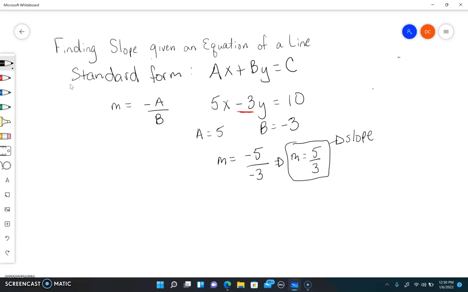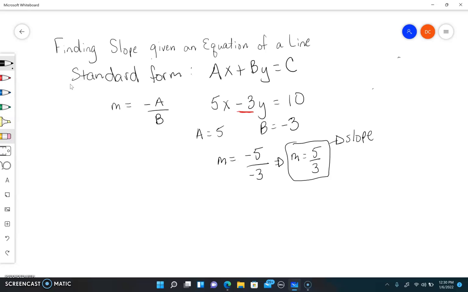Now, let's say you can't remember that that's how you find the slope, or that's what the slope is in this standard form. Well, we can always use algebra to convert this standard form into your slope-intercept form, right?